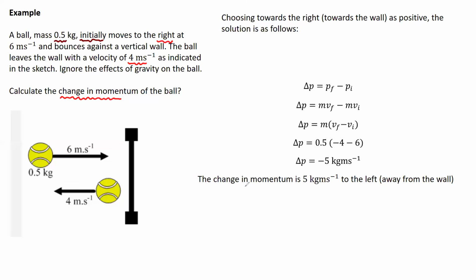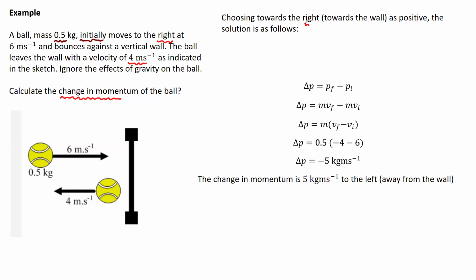Now, the first thing is to always choose a direction as positive. Usually, we would say take to the right as positive. Sometimes we say take towards the wall as positive. So this is a statement that you must write: choose or take to the right as positive.